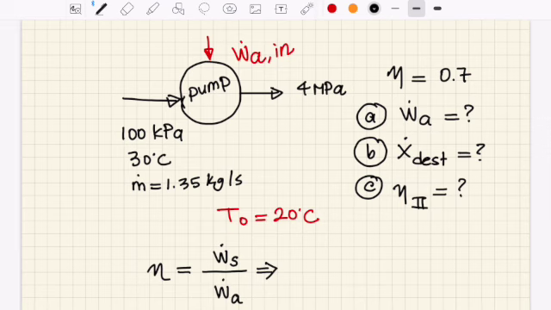Now we know the isentropic efficiency is 0.7 or 70%, and in order to find the actual power, if we can find the isentropic power, we would be able to find the actual power.